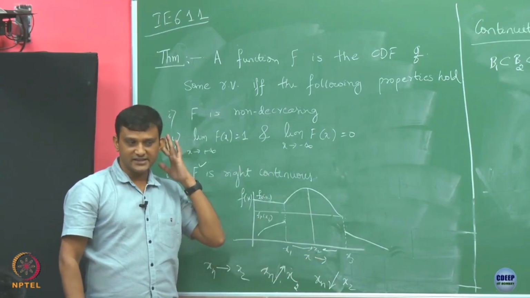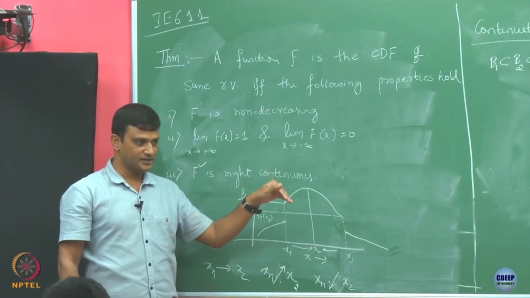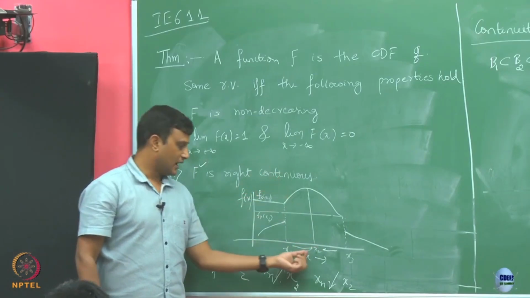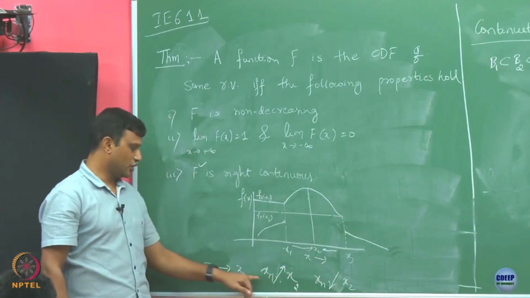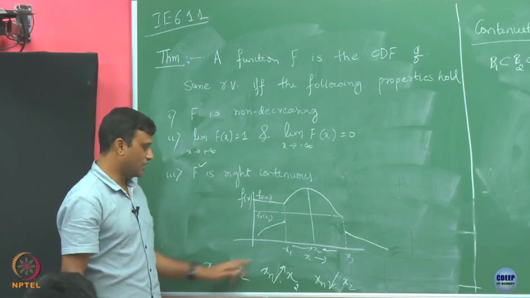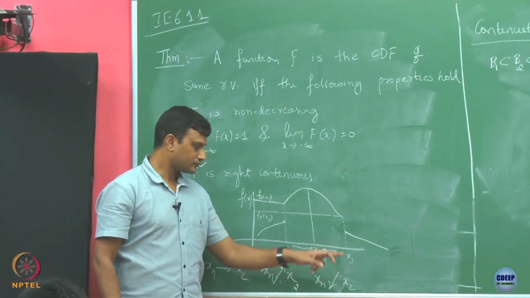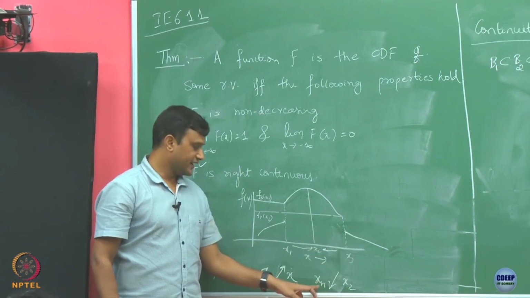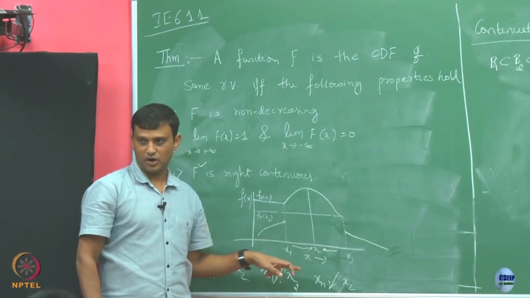So when I am defining these limits, the right and left limits, I am looking at monotonic sequences: a monotonically increasing sequence when I look for the left sequence, and a monotonically decreasing sequence when I look at the right sequence converging to the point x.